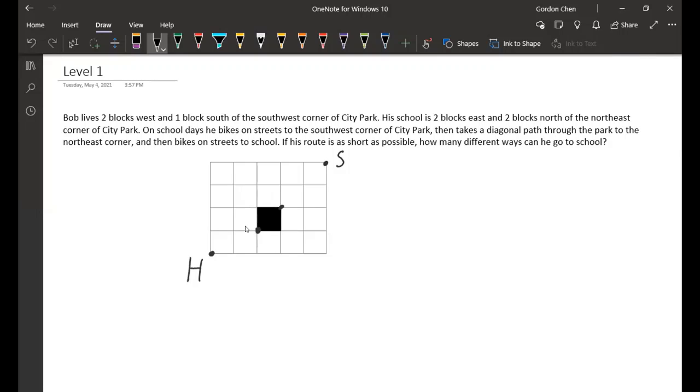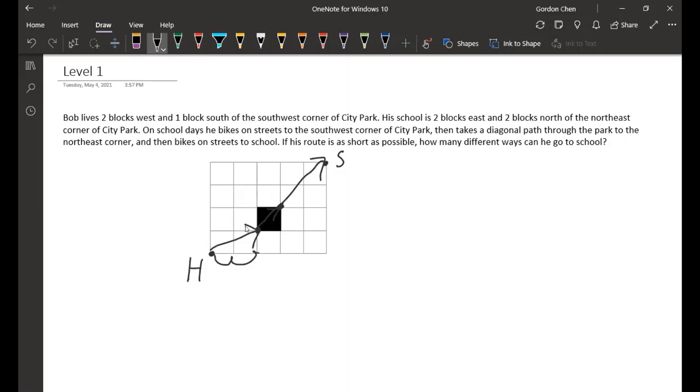And on school days, he bikes from his house to here, like this, and then he goes diagonally like this, and finally, he goes from here to here. So, we take all three parts.